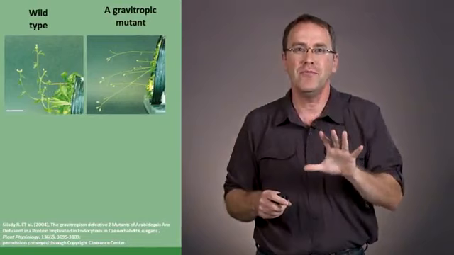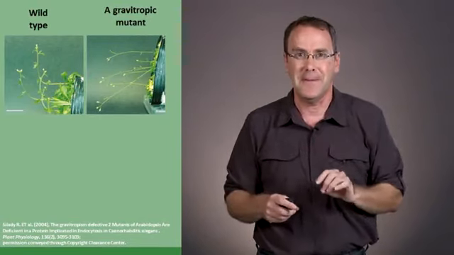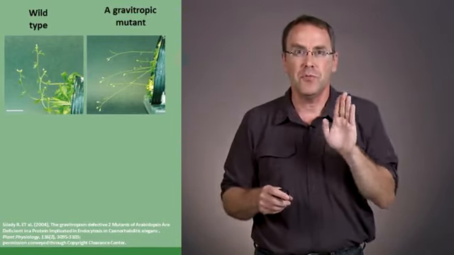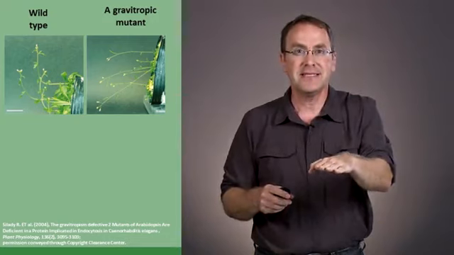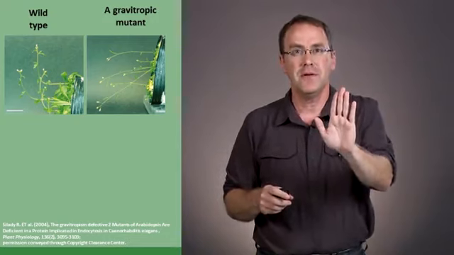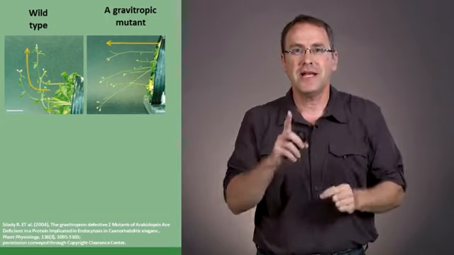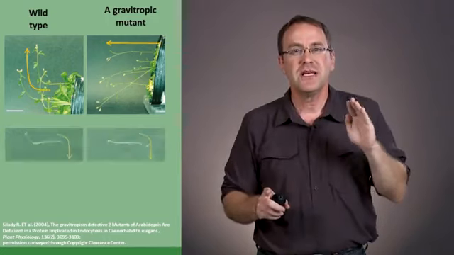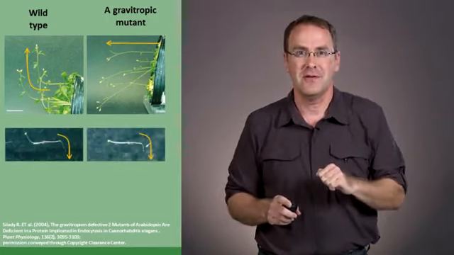I just want to show you one mutant here, which I find fascinating, because when you put this mutant on its side, its stems don't know how to grow up. But if you look at its roots, they still know how to grow down.